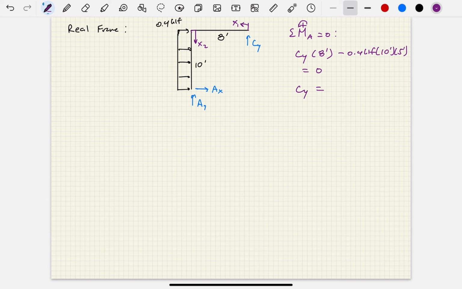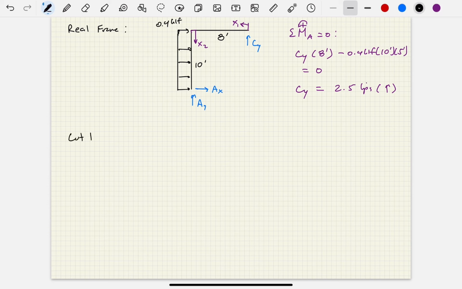So I'm going to get my calculator out and punch this through. So 0.4 times 10 times 5 divided by 8. So I get a CY of 2.5 kips, and that's going to be reacting upward because it popped out as a positive, okay?